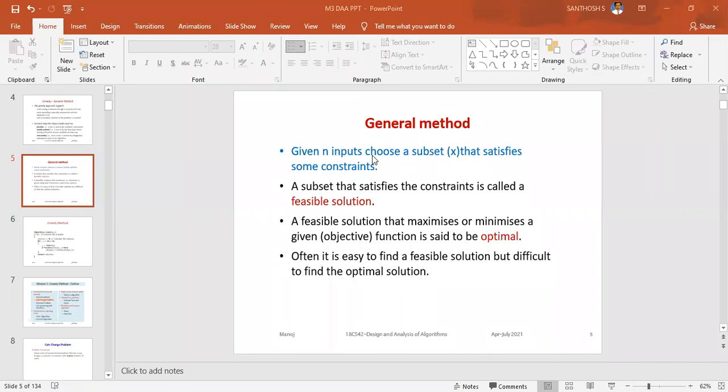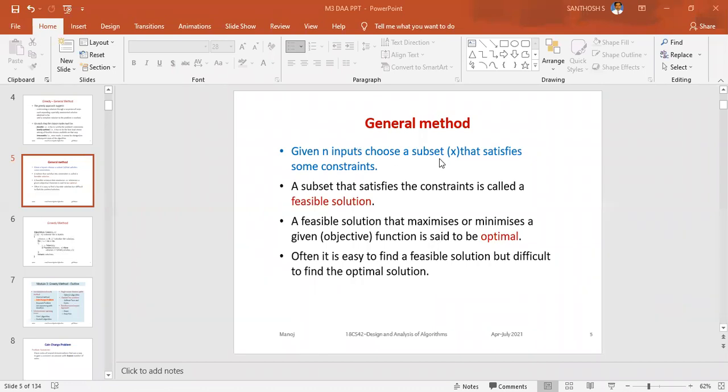Kindly go through, given n inputs, choose the subset X. The second step is, a subset that satisfies the constraint is called a feasible solution. So the first step is, from n inputs, choose the subset X. The second step is finding the feasible solutions. The third step is, from all the feasible solutions, you find the optimal one. Totally 3 steps are there in the greedy method.